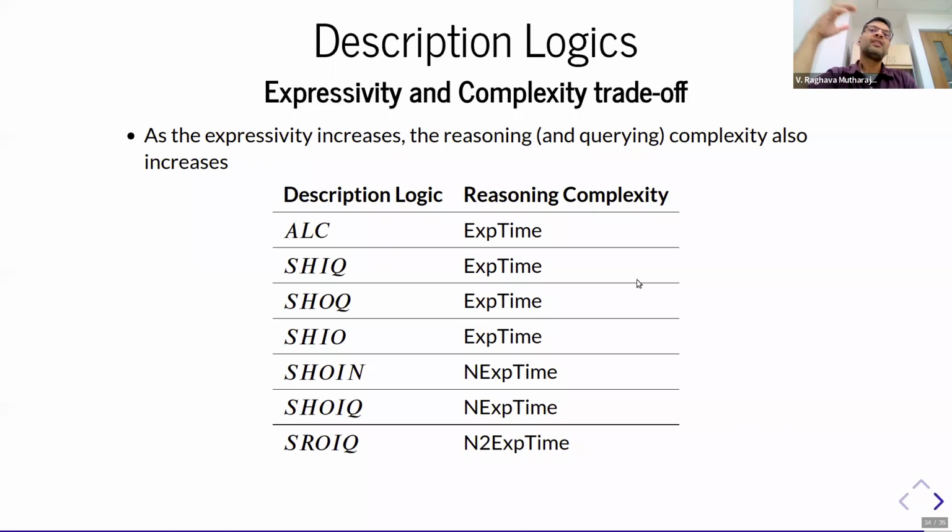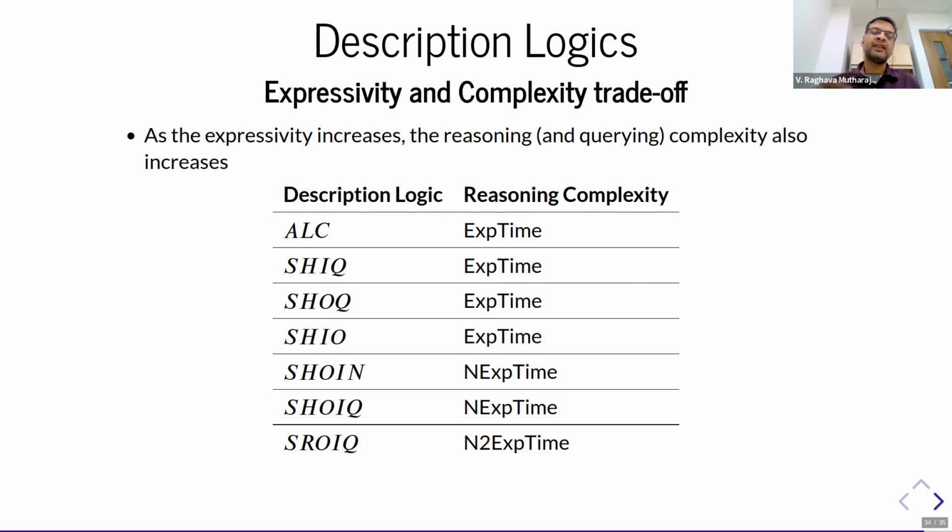You don't want to work with logics, or in general any computing-related stuff, that is not polynomial in time. And with exponential, if it is a large ontology, it will take a lot of time. So something had to be done, and I think we'll discuss it in OWL.